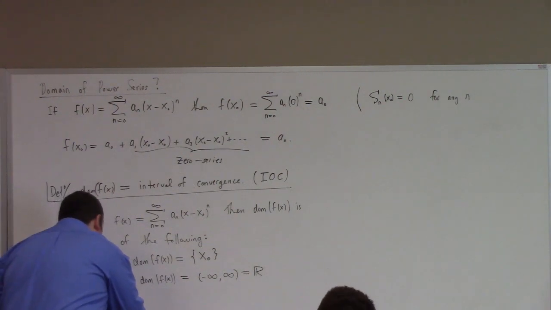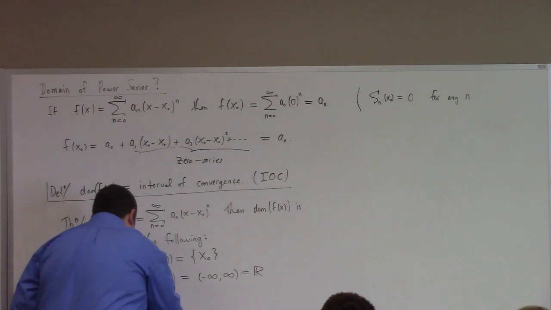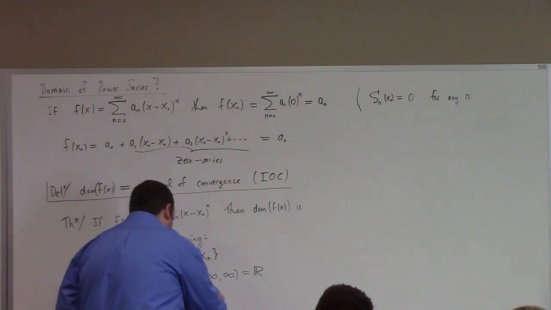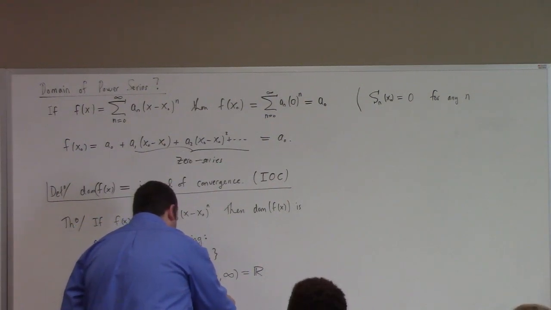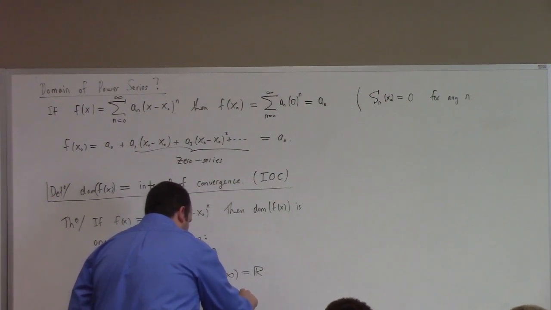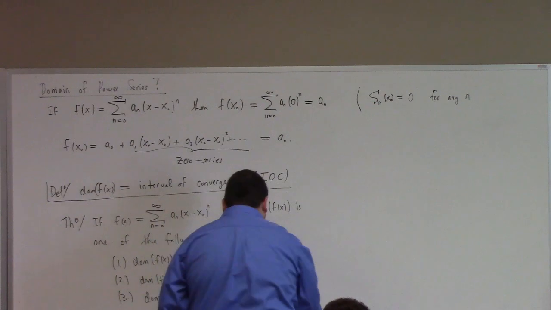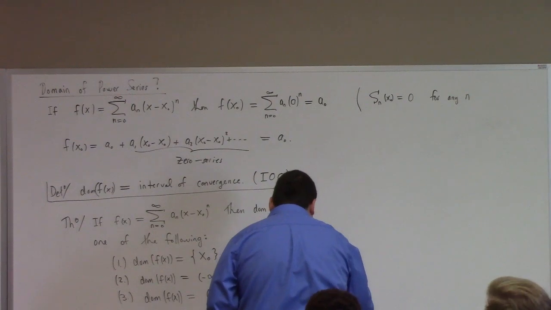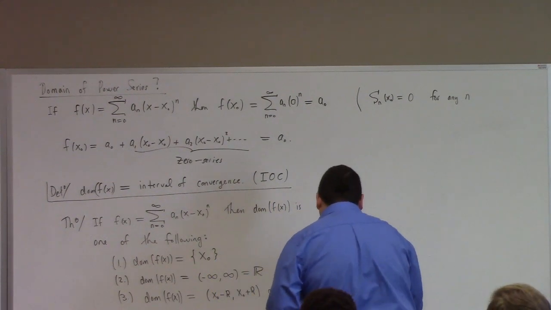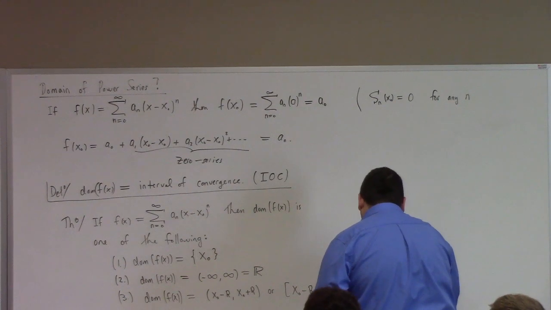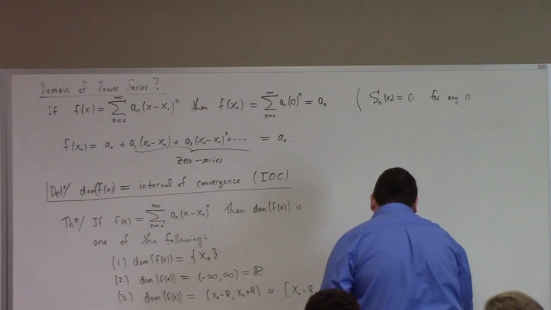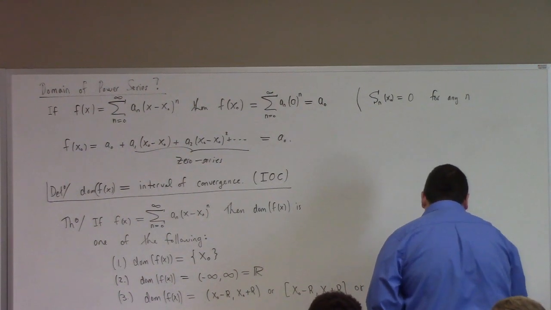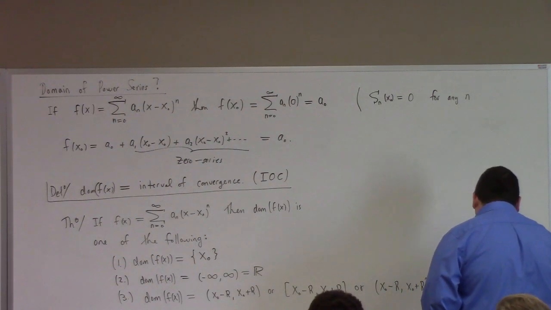The third case, though, is that the domain of f of x is either equal to the open interval (x naught minus r, x naught plus r), or the closed interval [x naught minus r, x naught plus r], or it's x naught minus r not included, x naught plus r included, or it's x naught minus r included, x naught plus r not included.